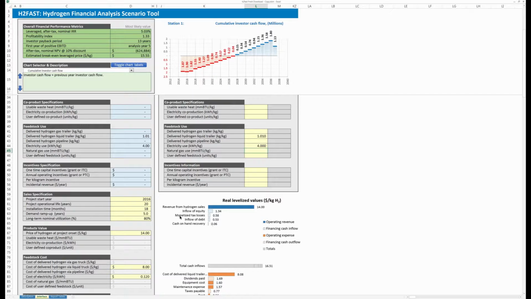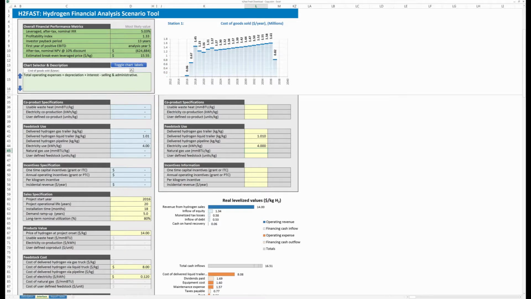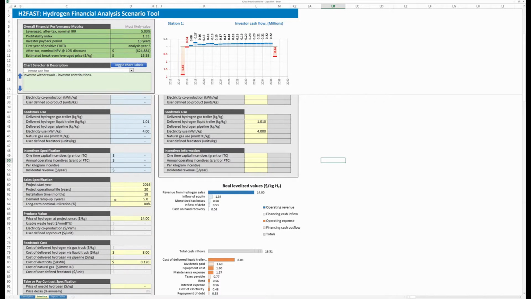So with that specified, as you can see, we can start seeing cash flow analysis. We can look at any of the different parameters that we may want to plot, but let's keep specifying things.